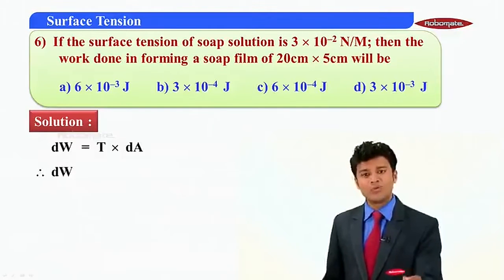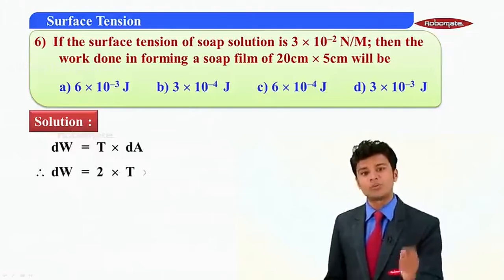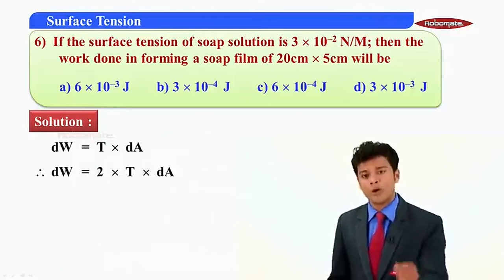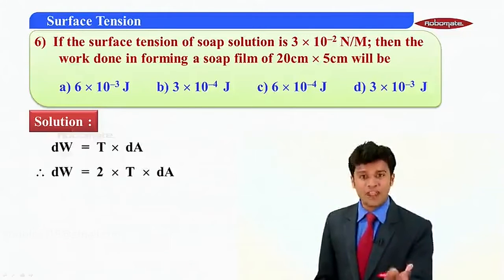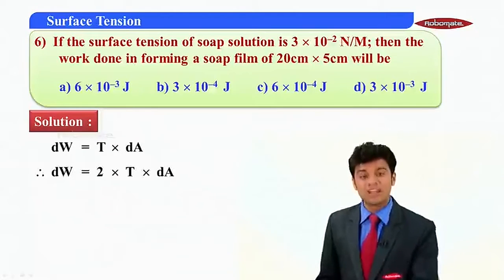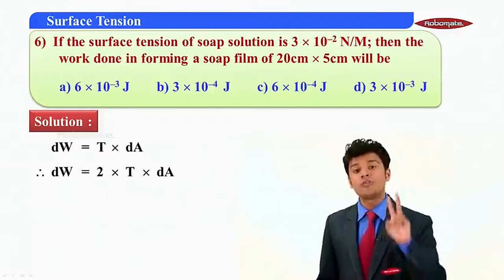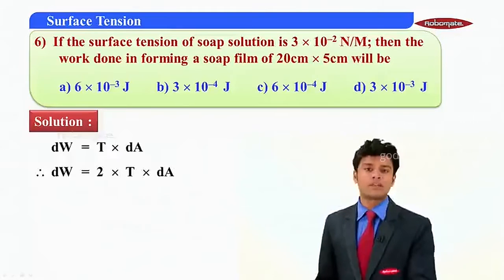We know that dW, the work done, is equal to T into dA, where dA is the change in area. When we talk about a film inside a frame or a soap bubble, we always have 2 free surfaces, so we always multiply by 2.